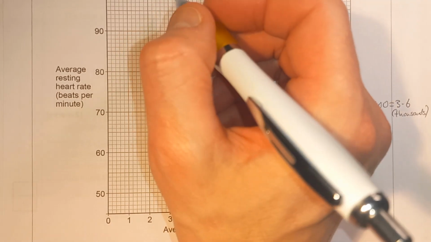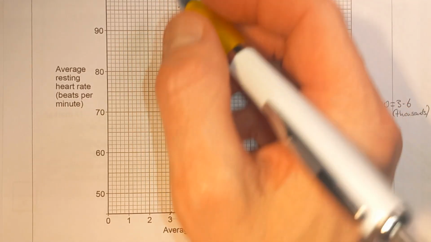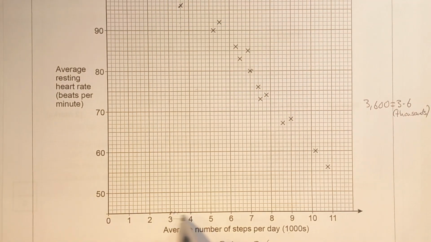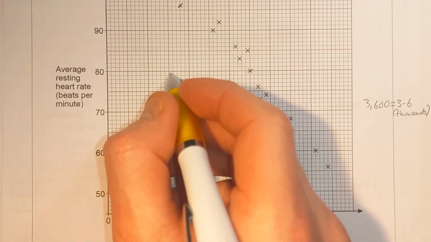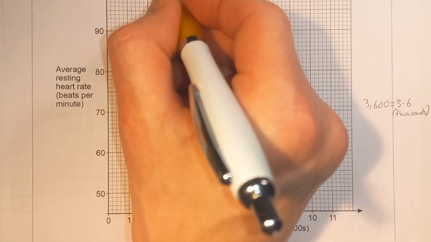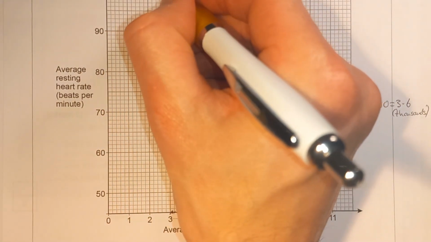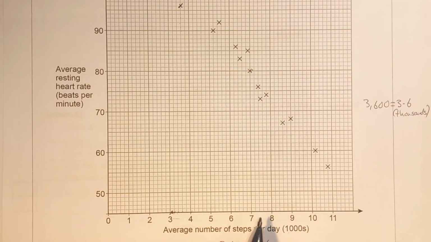And then finally, we've got a value of 3,100. We worked out that each of these is worth 200, so 3,100 must be right in the middle of that first square, and a heart rate of 99. So we'll follow that all the way up. 99. So it's going to be there.